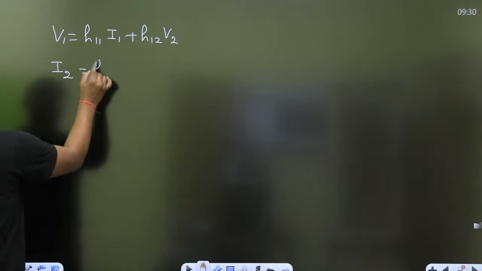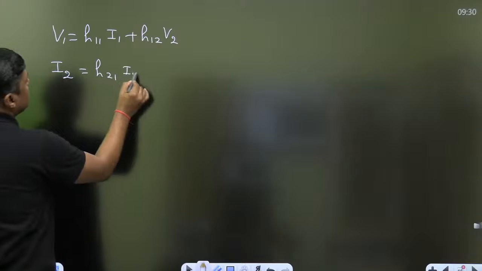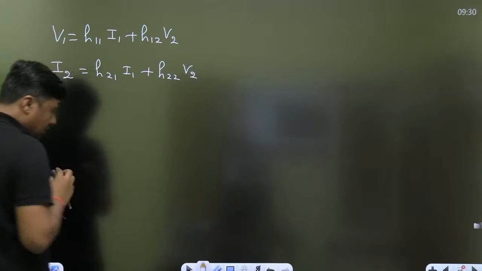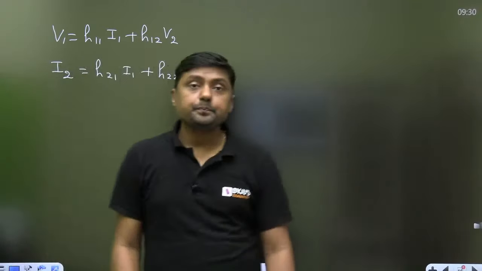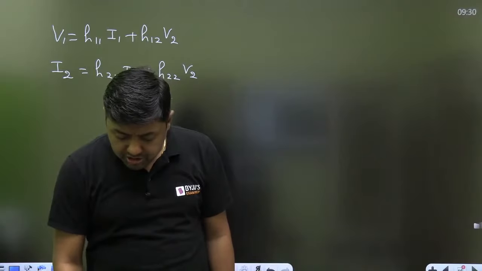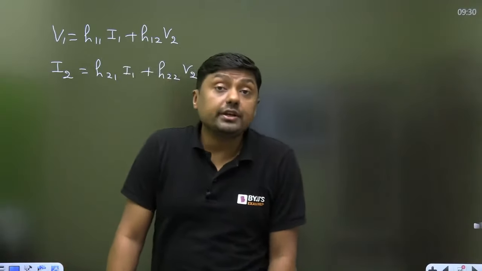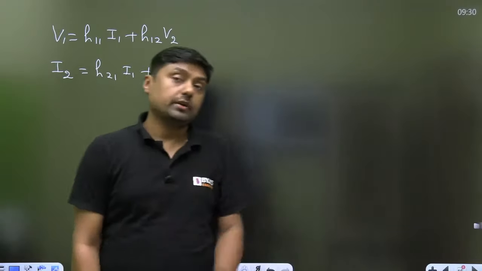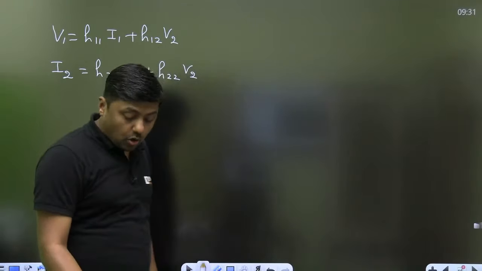I2 is equal to H21 I1 plus H22 V2. Okay, so that is the hybrid parameter. Everyone, always revise all these equations: the equations in terms of Y parameters, in terms of Z parameters, in terms of ABCD parameters, and so on.